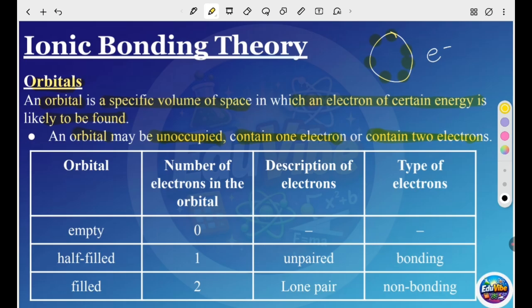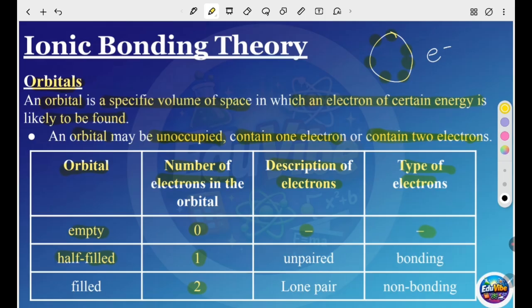So here is a small table of the orbital, number of electrons, description, and type of electrons. The first one is empty. Empty means unoccupied, with zero electrons. Half filled means only one electron, since the maximum is two.